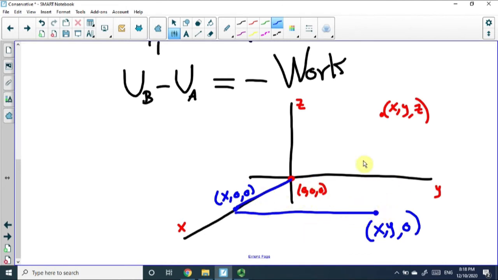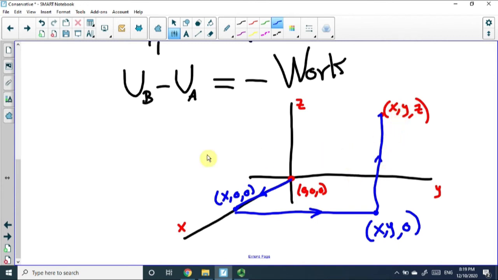Once I reach this point, finally, I'm going to go straight up, because the final point is directly above my location on the xy plane. So this is my path. I start from the origin, move along the first segment, then along the second segment, and finally go up on the third segment to reach the final location.